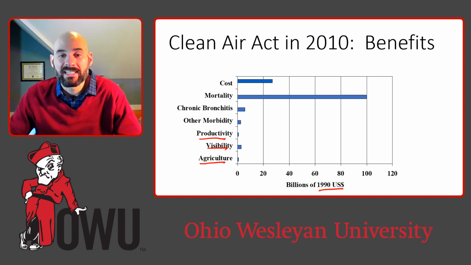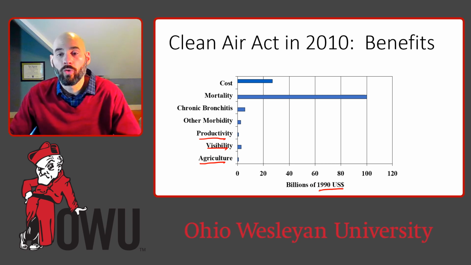So we can see that the costs were between 20 and 30 billion 1990 US dollars, and the benefits from the reduction of premature death alone were over 100 billion US dollars. And that's not even considering the reduction in chronic bronchitis or other illnesses.